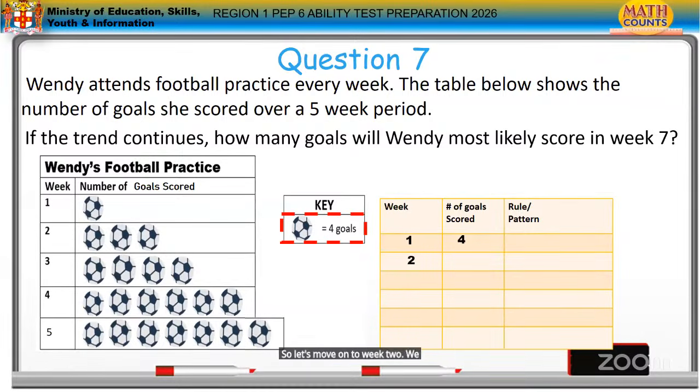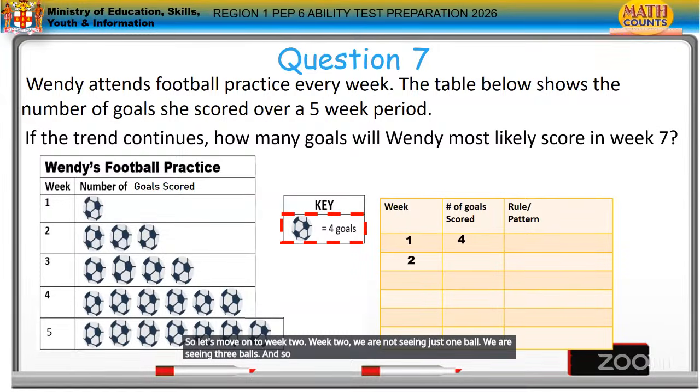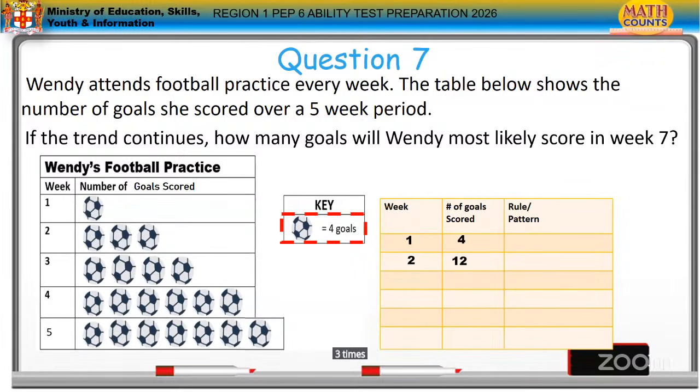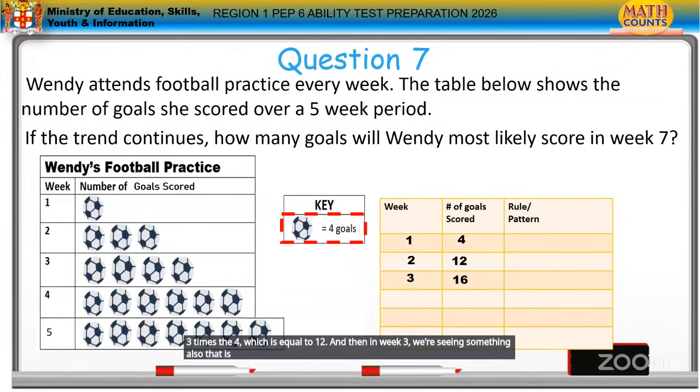Week 2, we are not seeing just 1 ball, we are seeing 3 balls. And so the number of goals would be 3 times the 4, which is equal to 12. And then in week 3, we are seeing something that is not 3, and it's not 1, but it's now 4.